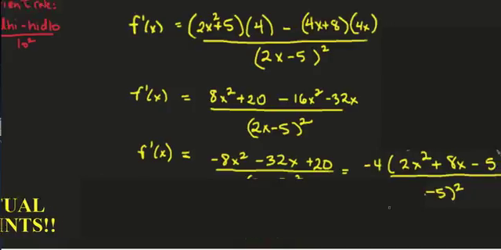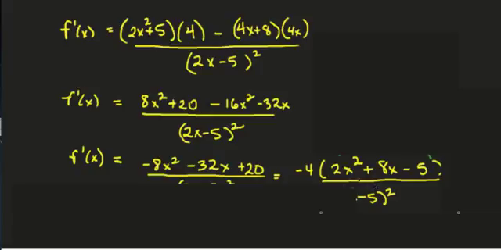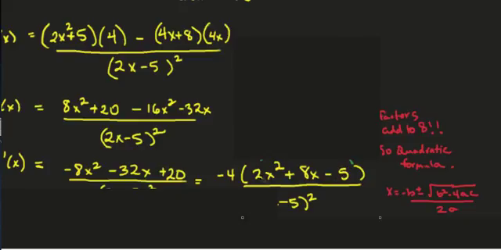So when you do that, you factor out the negative 4, and there are no factors that add up to 8 and multiply to negative 10. The only factors of negative 10 are either negative 5 and 2, or negative 2 and 5, or 10 and negative 1. So then you ask yourself, can I use the quadratic formula? Because b squared minus 4ac is positive, yes you can.